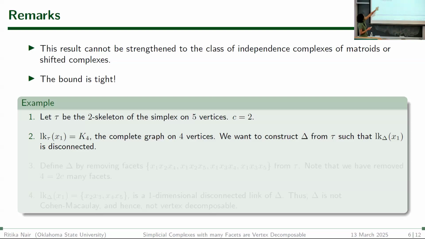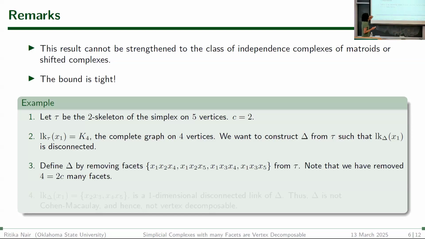So what we did is, starting off with this 2-skeleton of the simplex on 5 vertices, we cleverly removed 4 triangles in such a way that in the new complex, if we look at the link of x1, it's just going to be this graph.